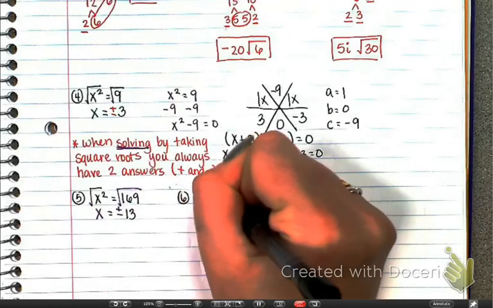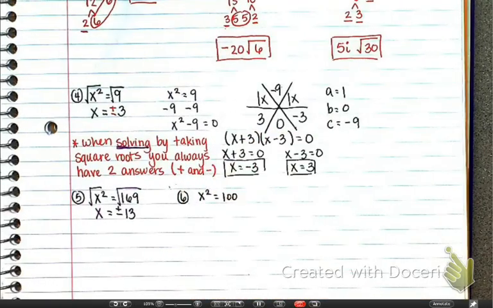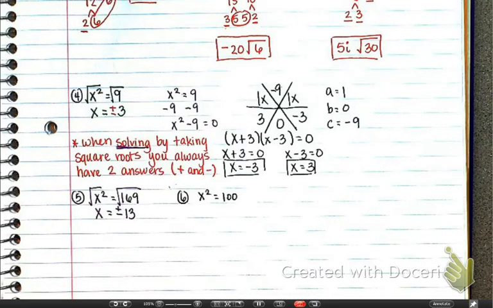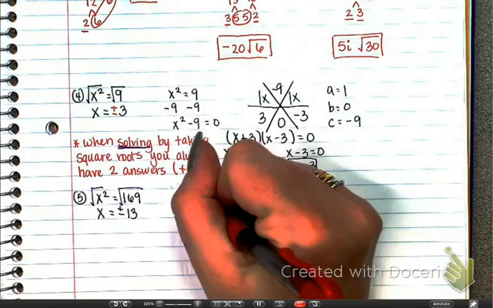Okay, try this one. We're going to take a square root of both sides.